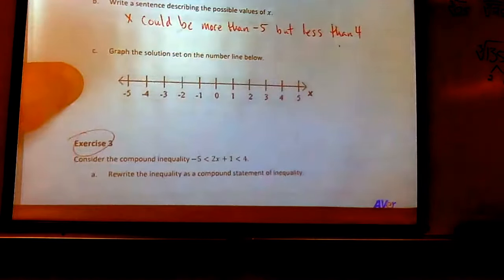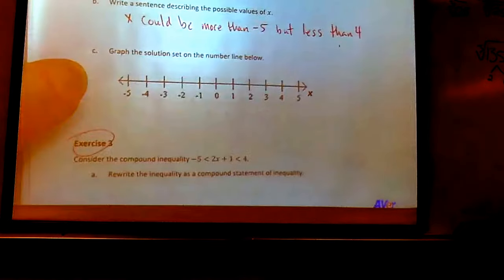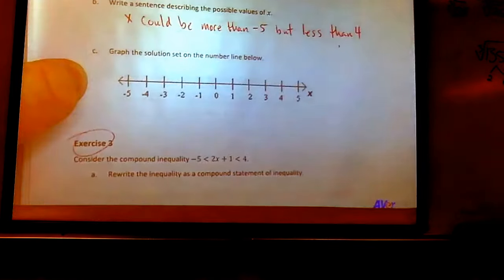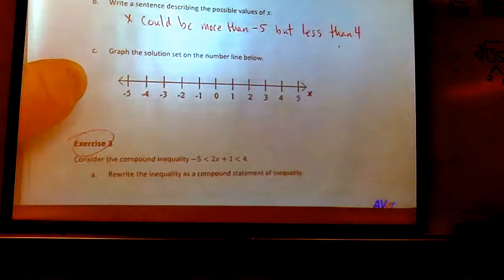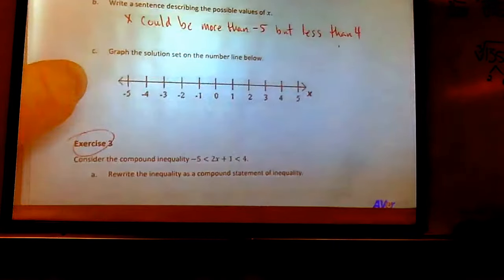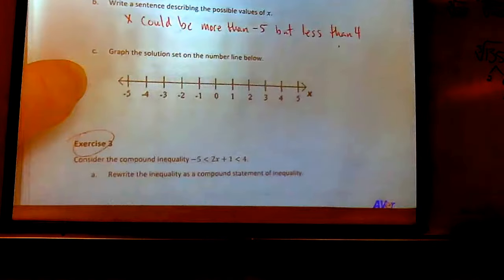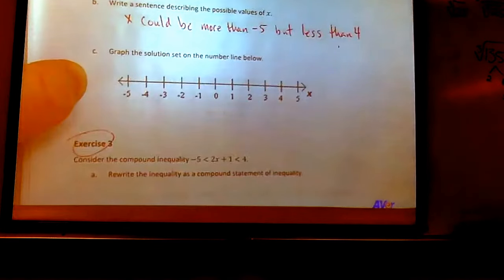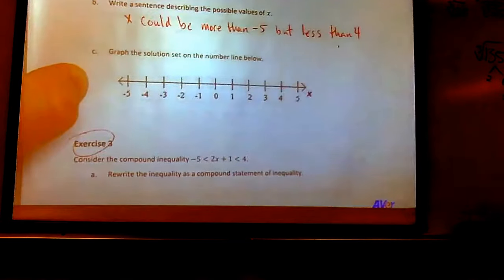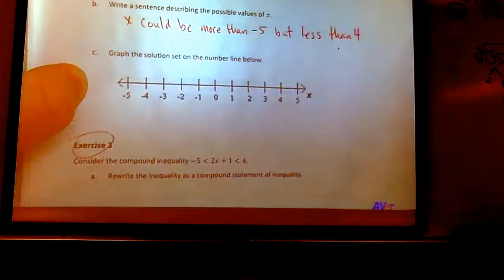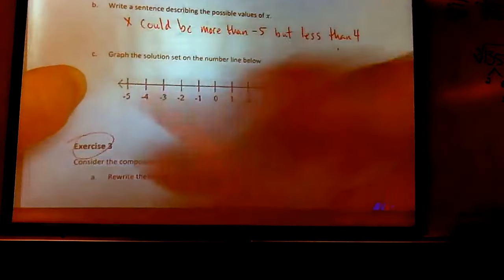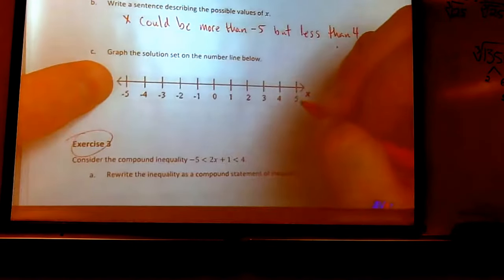And do you know how to graph that on the number line? We've kind of done that before. Go ahead and put it on the number line. Don't wait for me to try it. We're going to have 2 dots. Open, one on -5. Open or closed?